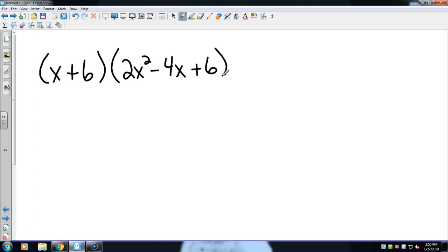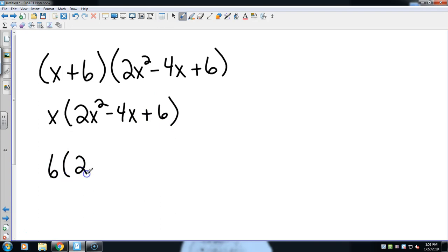FOIL only works when it's binomial times binomial. So in this case, you would want to do the distributive property. So we're going to take x times 2x squared minus 4x plus 6. And then we're going to take 6 times 2x squared minus 4x plus 6.